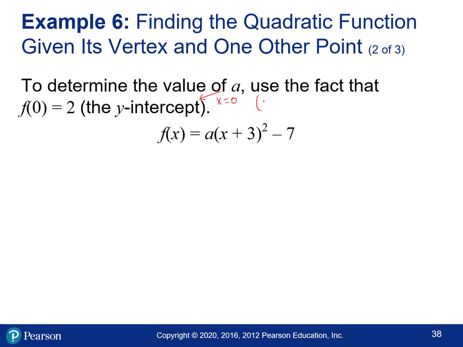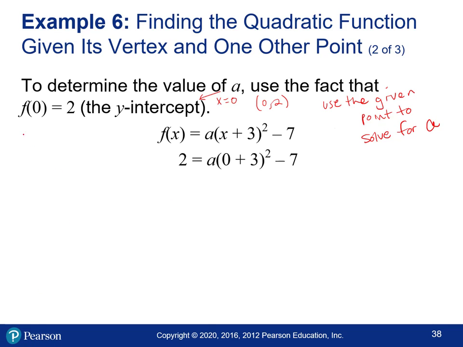So the point is actually (0, 2). We use the additional point, the one given other than the vertex, to solve for a, that coefficient.